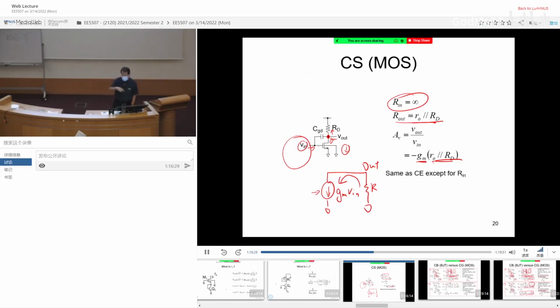So the current actually flowing in anti-clockwise manner. So if this is positive, this should be negative. Because for resistor, the current can only flow from higher potential to lower potential. Right? The higher potential is already 0. So the lower potential has to be negative. So that's why there's a negative sign.